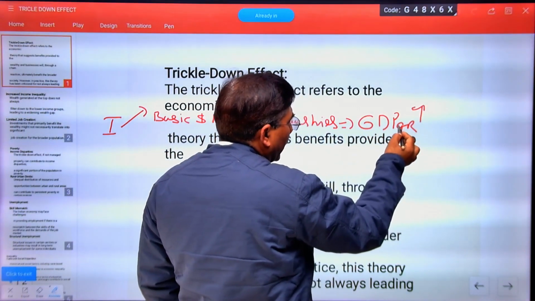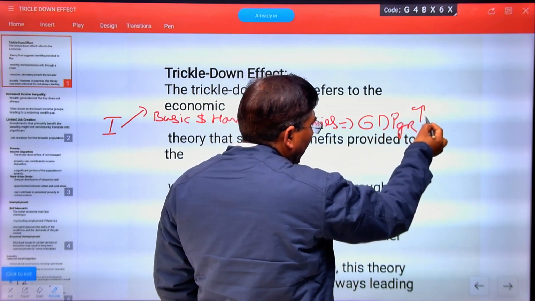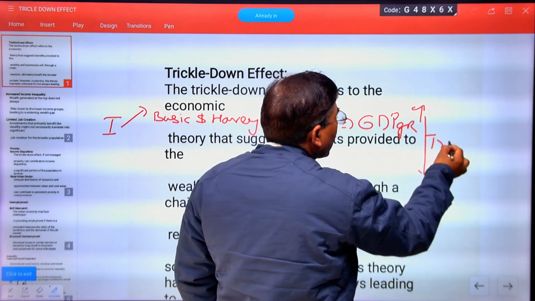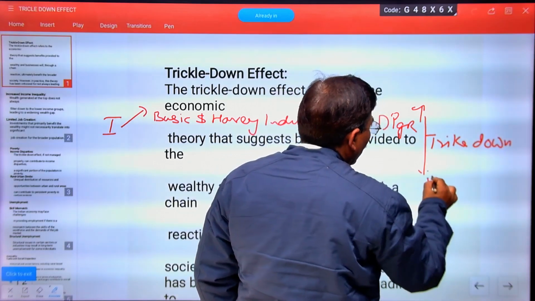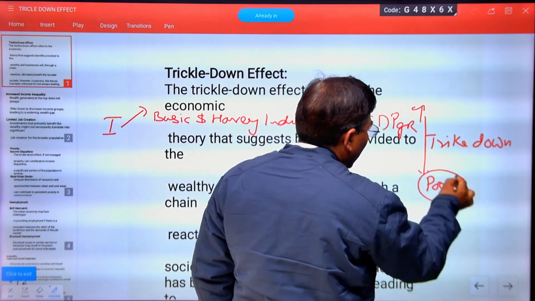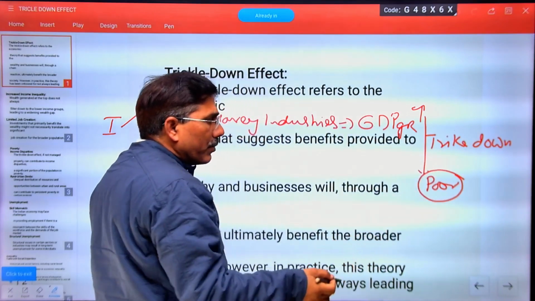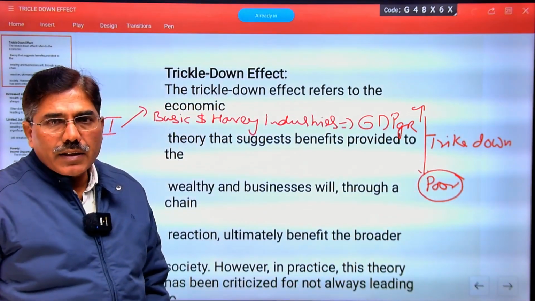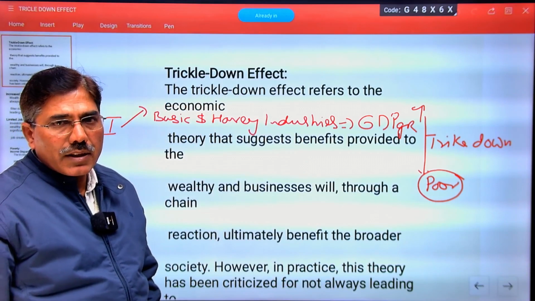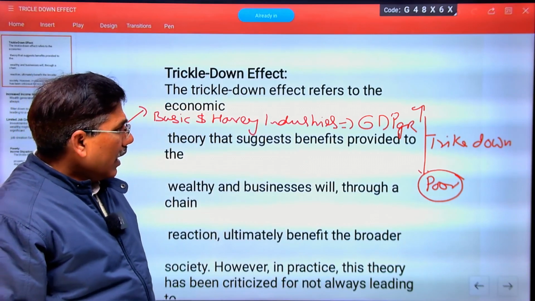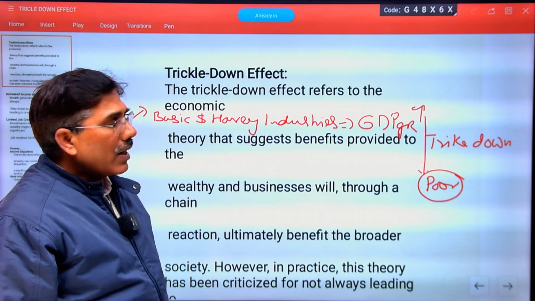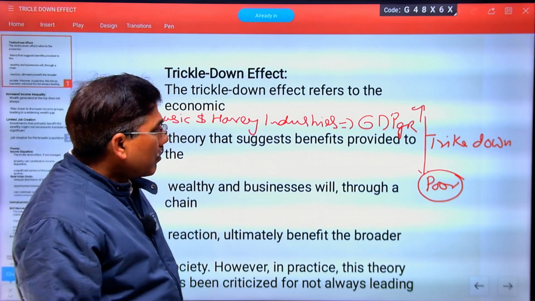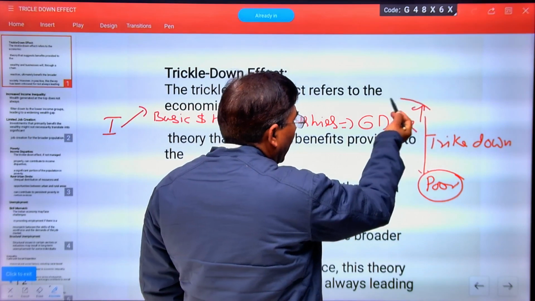Increasing GDP growth rate is assumed to automatically trickle down towards the poor, and in this way the government assumed the problems of poverty, unemployment, inequality would be automatically eliminated. That assumption was based on a simple strategy, that is the high growth rate.